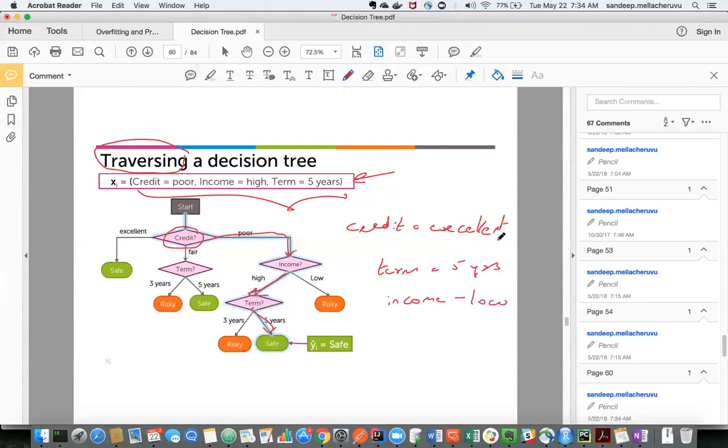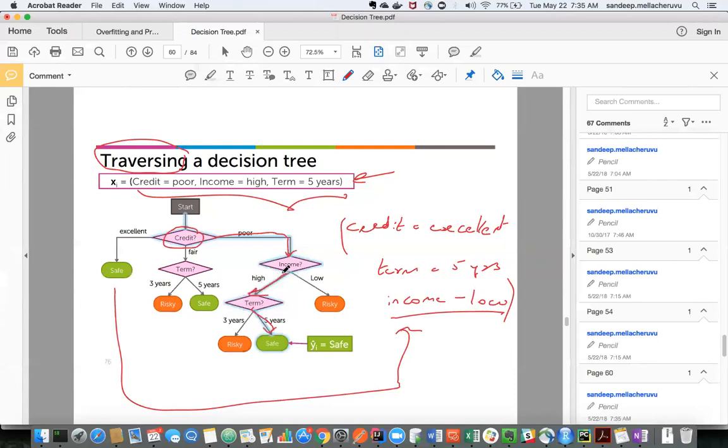So if this kind of a person comes in to the bank, you will immediately go through this logic and say when credit equals excellent, you predict safe loan. So someone can start disputing with you, saying why did you give a loan to this particular person when his income is low? Why did you approve the loan even if income is low?